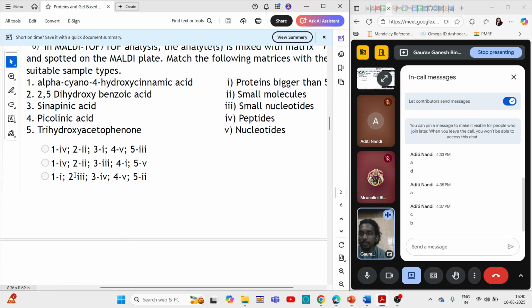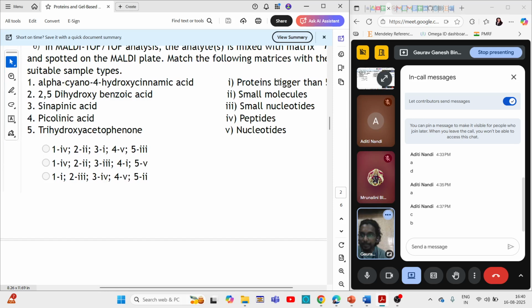So what do you think? The first is 4. So this one is generally for peptides. The 2,5-dihydroxybenzoic acid is for small molecules. Sinapinic acid is for proteins bigger than 5 kilodalton.